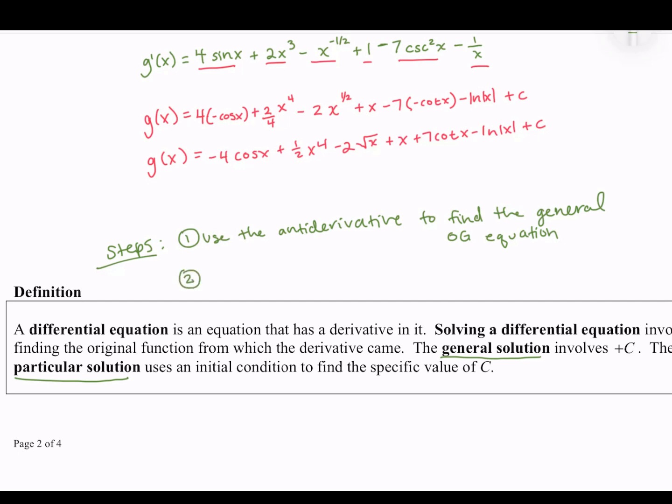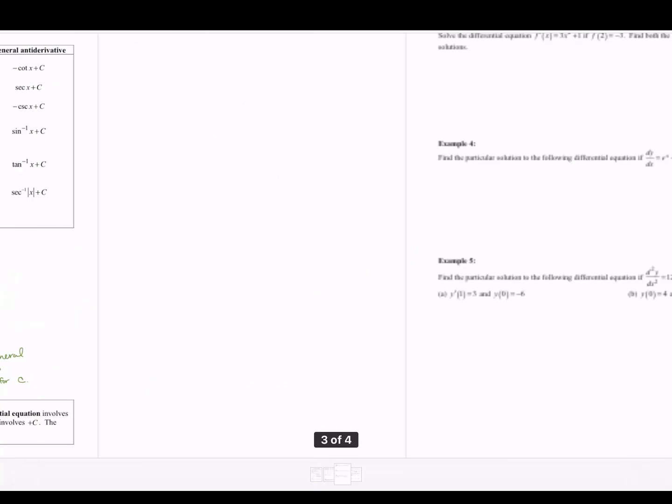And then if we want to find a particular solution, we're going to plug in the initial condition, and I will show you what that is, to solve for c. Okay. And so let's just jump into some examples of what this looks like.